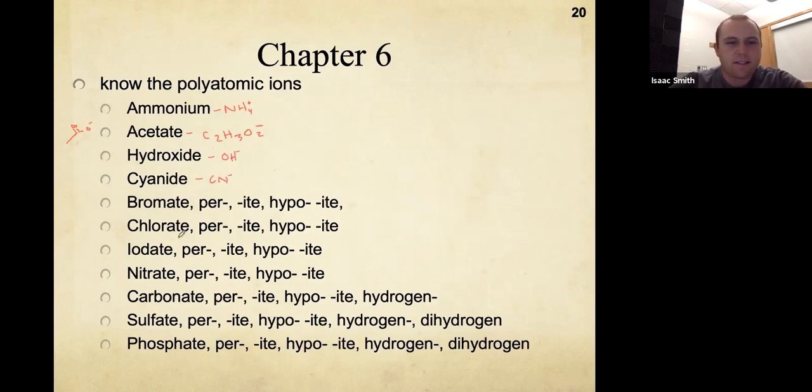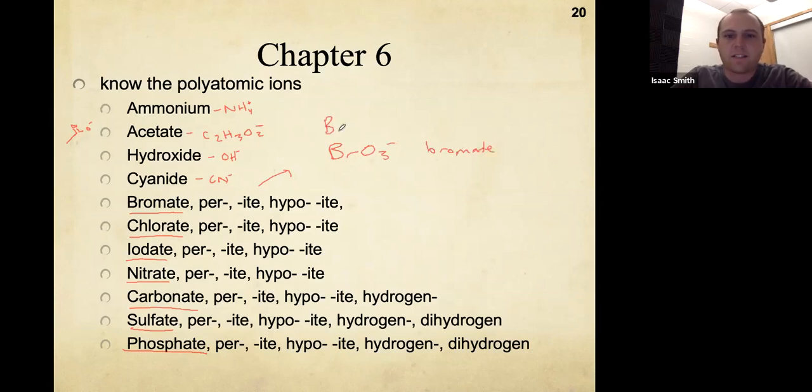So for all the rest of these, you're really just memorizing the -ate form of all these. So it's 1, 2, 3, 4, 5, 6, 7, 11 polyatomic ions basically you need to know. And then just know the rules to go from the -ate form to the per- form. If we look at bromate as an example, bromate would be BrO3 with a minus.